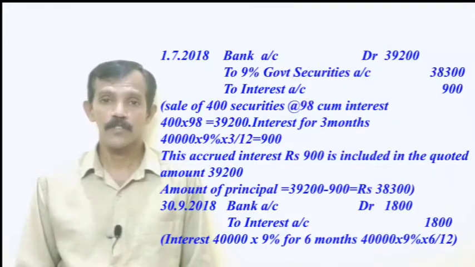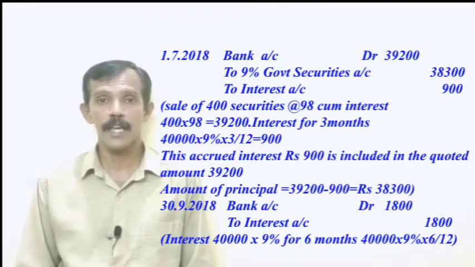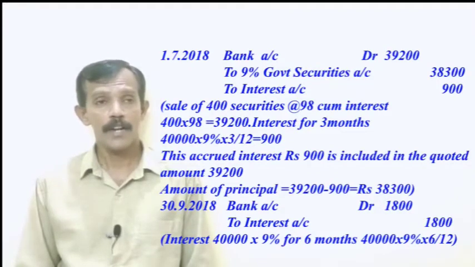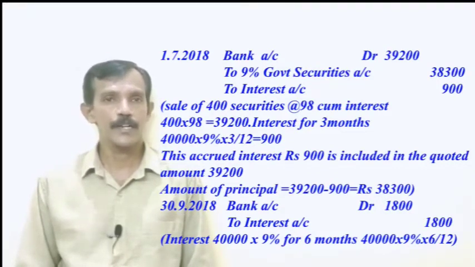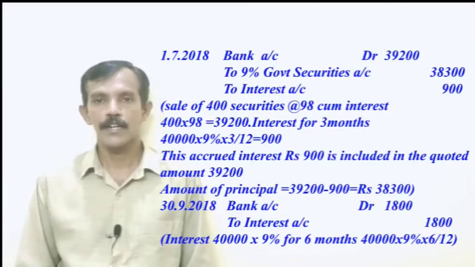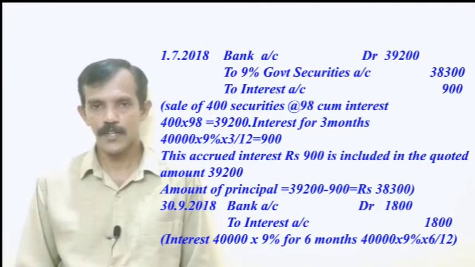So the amount of principal is 39,200 minus this interest included in it, 900, that comes to 38,300. So our journal entry for sale of these 400 securities: bank account debtor 39,200 to 9% government securities 38,300, to interest 900.